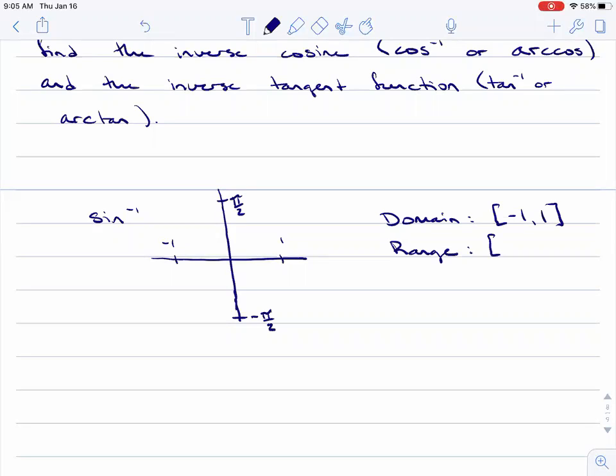Remember, for the inverse of a function, the domain of the original function becomes the range of the inverse, and the domain of the inverse becomes the range of the original function. So if the domain we've restricted our sine curve to is from -pi/2 to pi/2, then the range for our inverse sine is from -pi/2 to pi/2. And our original sine had a range from -1 to 1, so that becomes the domain of the inverse.